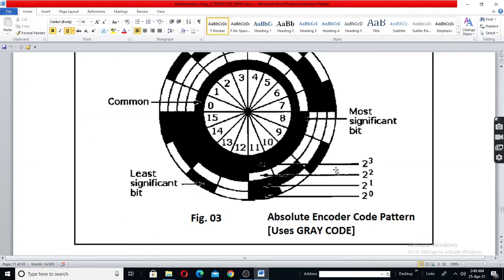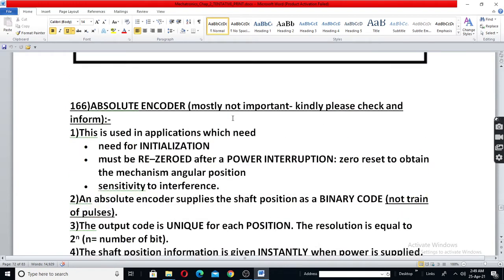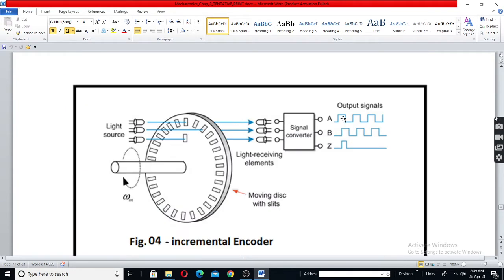But here you need 4 sensors. Number of sensors will be equal to number of tracks. Here you need only 1 or maximum 2 tracks and a synchronizing signal. There is no need of more than 2 or 3.